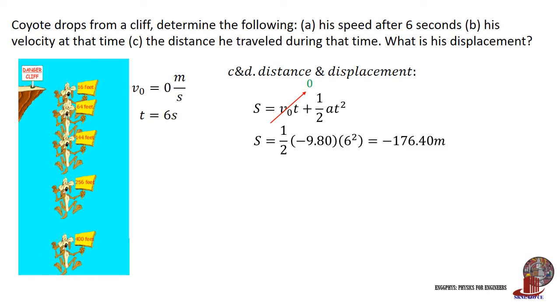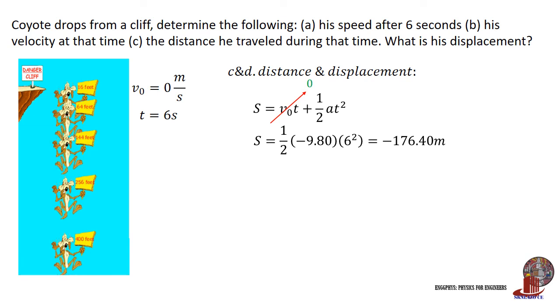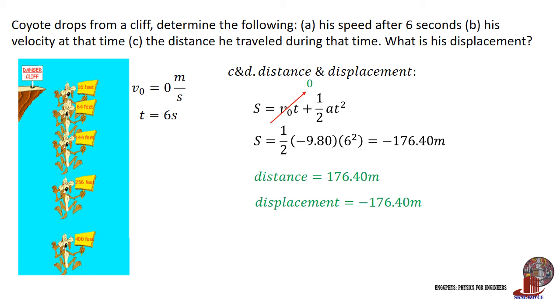So plugging in our given, we would have s is equal to half of negative 9.8 meters per square second times 6 seconds squared, which will give us our answer negative 176.4 meters. Again, distance is a scalar quantity, taking positive 176.4 meters, and displacement is going to be negative 176.4 meters, showing downward motion.